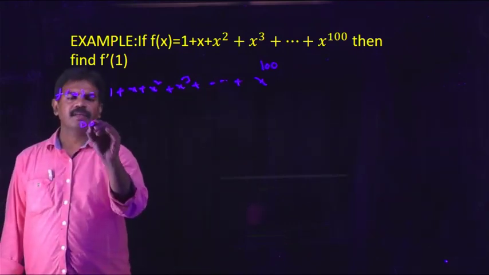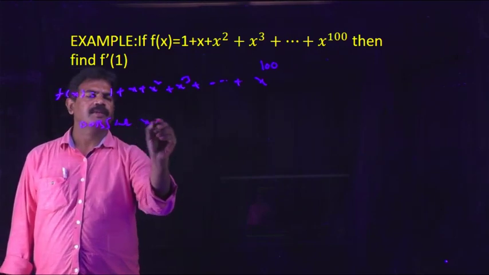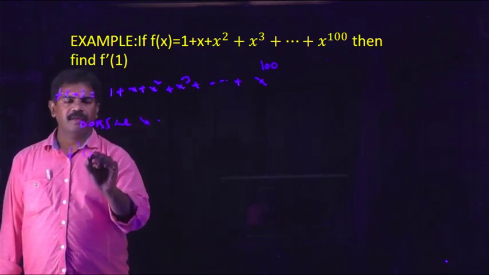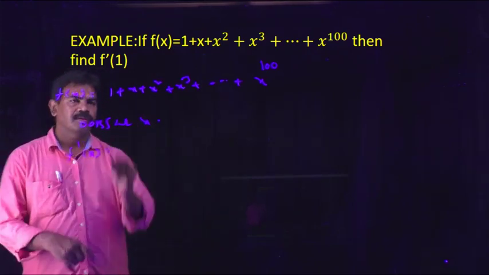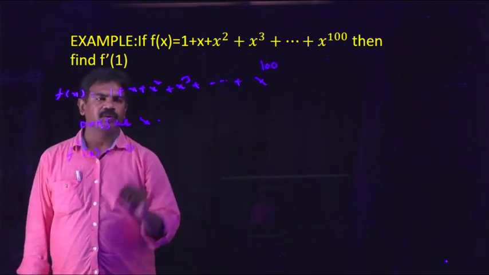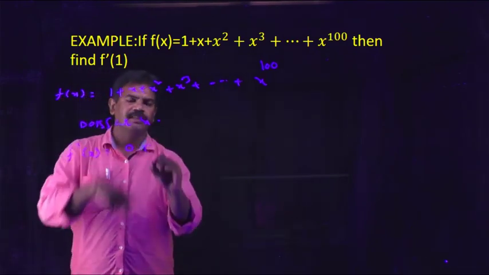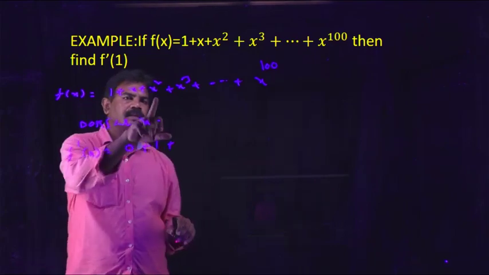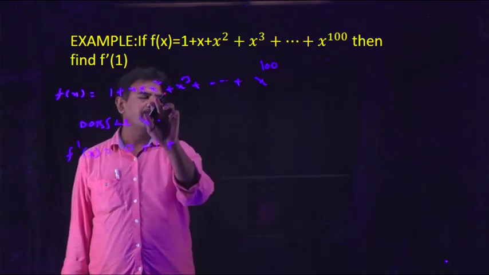So differentiating on both sides with respect to x. f dash x is equal to, so derivative of constant term is 0 plus derivative of x is 1 plus derivative of x square means it is in the form of x power n.